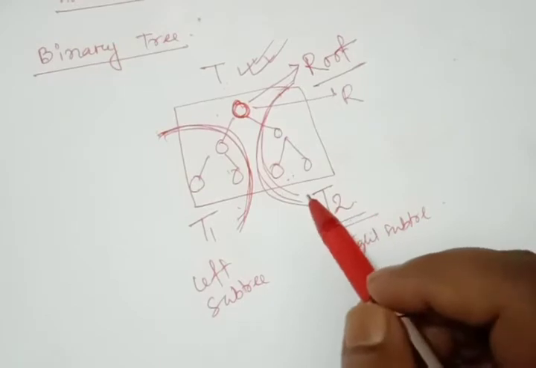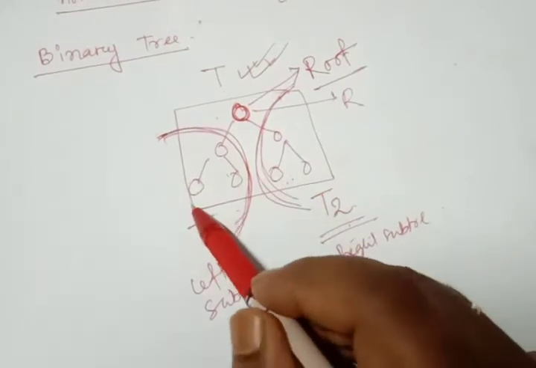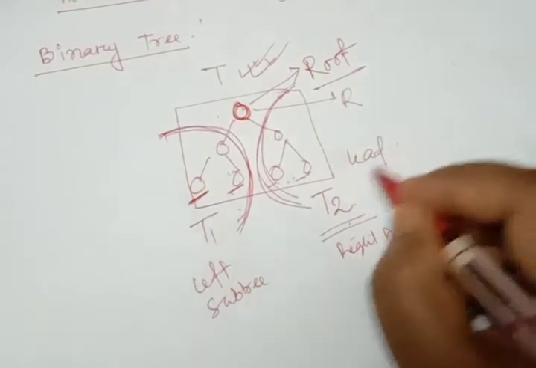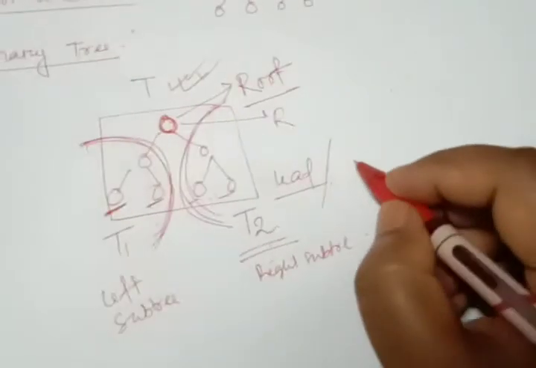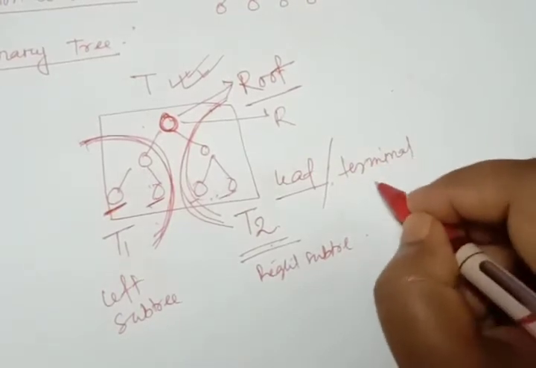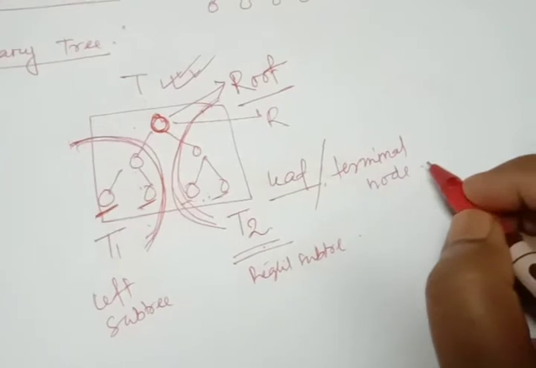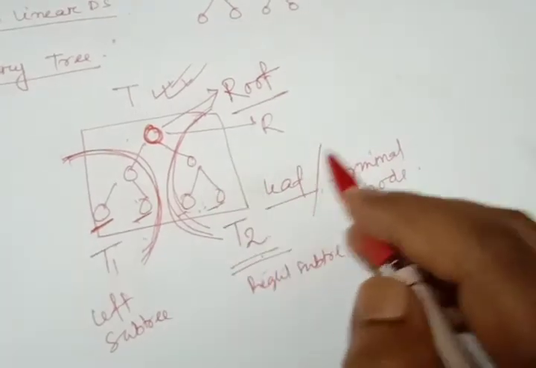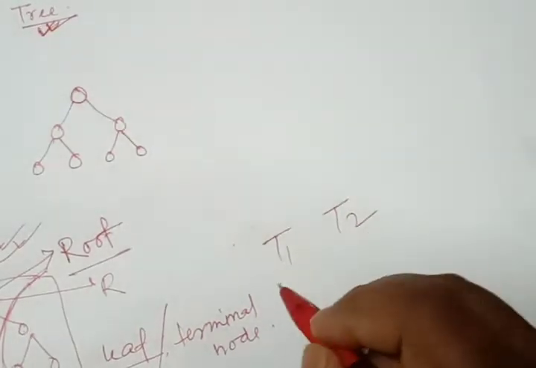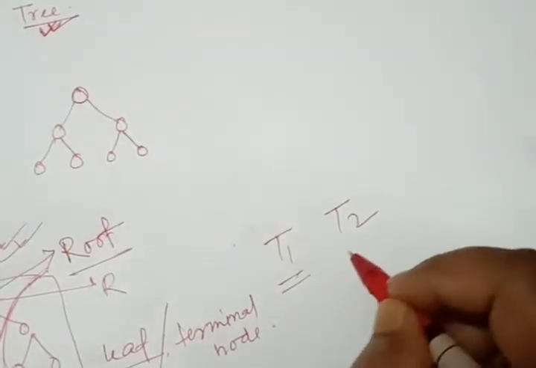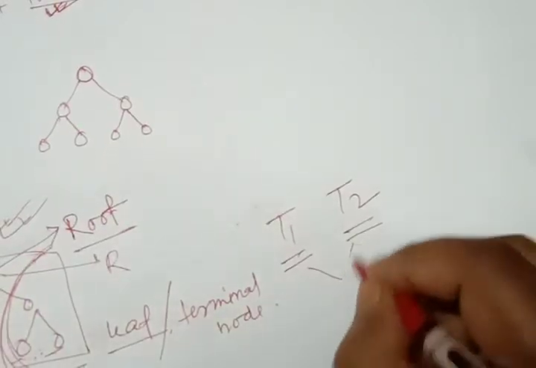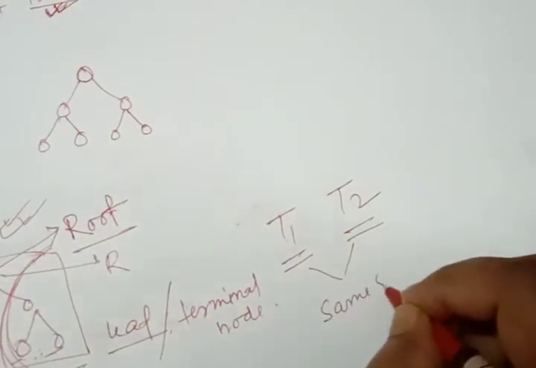The nodes with no successor are called the leaf nodes. This node, this one, this and this, there are 4 leaf nodes or terminal nodes. Also, two binary trees T1 and T2 are said to be similar if they have the same structure.